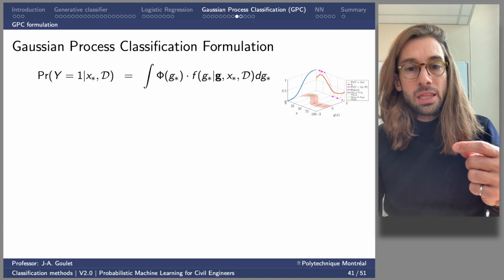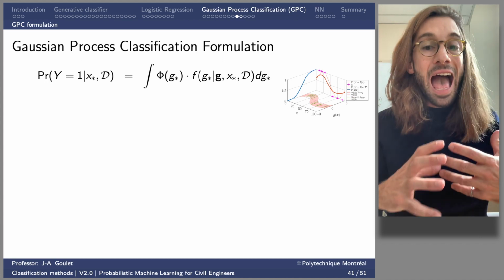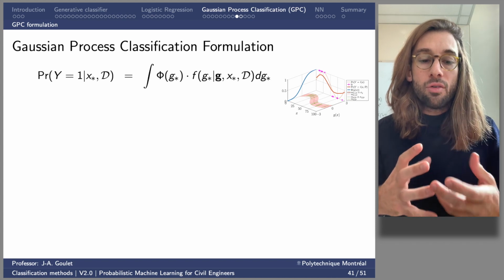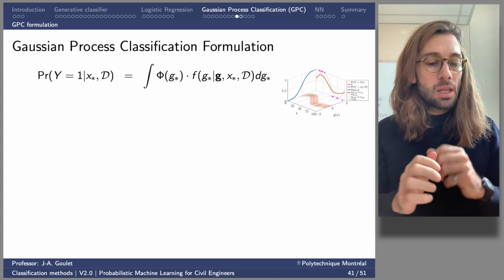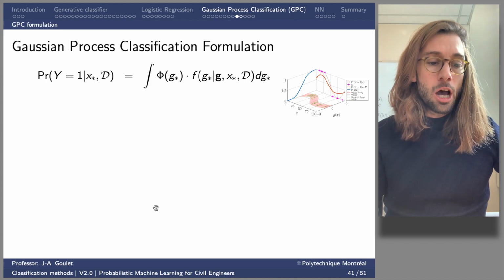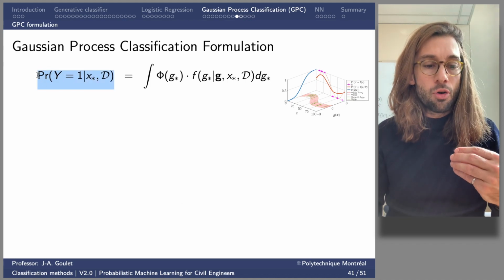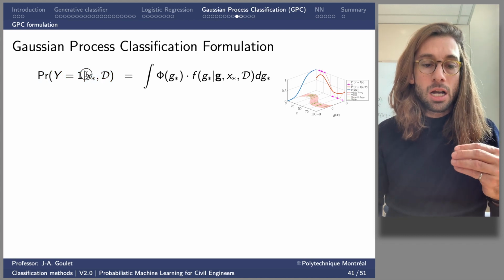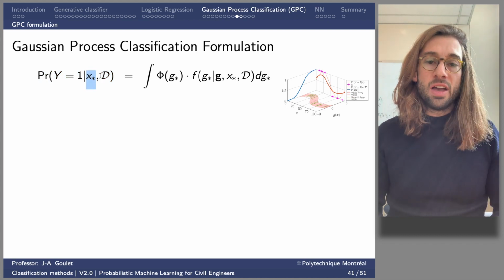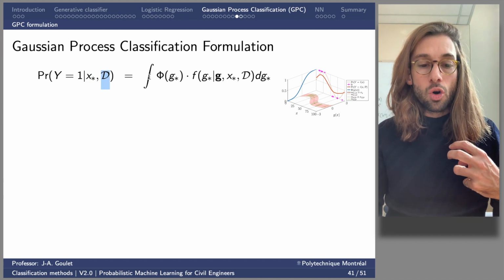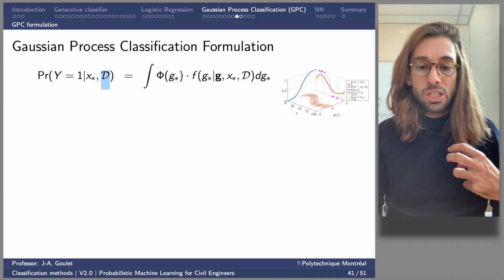Before going there, we have to see a couple of things about how the mechanics of that latent variable inference work. Same thing as we saw before, the end goal we want to reach is to obtain the conditional posterior for the class y equals 1, given the prediction location x star and my data set available. And this is given by the integral of the normal CDF. This is my transformation function.